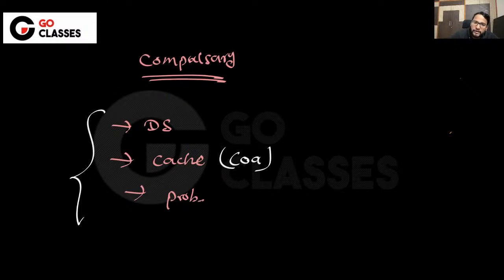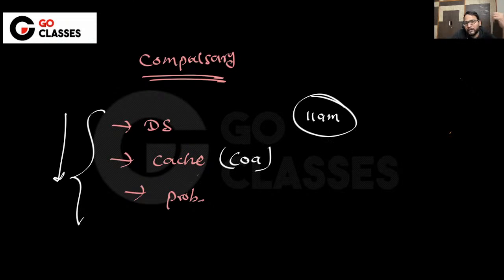I will be taking the complete marathon, including the random variable and the conditional probability and all. Okay. So this is the order in which we will be doing. First, let me finish the DS tomorrow. In the afternoon we will be finishing it, and then or maybe at 11 a.m. we can have the class, and then if I have the time, if I can make the slides and all, then I will be taking the class of this cache tomorrow only. Okay, we will see if we can figure something out, but at 11 a.m. let's just meet.